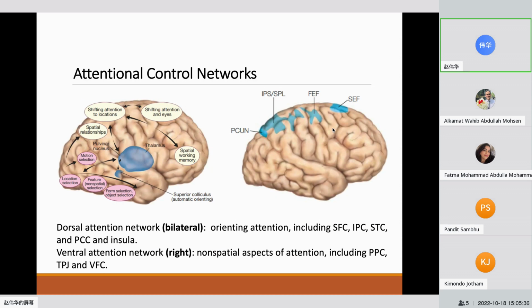In contrast, in stimulus-driven attention, the stimulus itself has some salient features, and it will capture your attention. It's reflexive attention. This process involves circuits from the sensory system interacting with those that orient and engage attention.